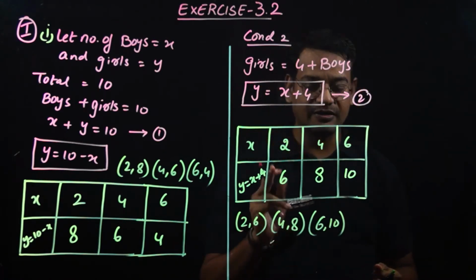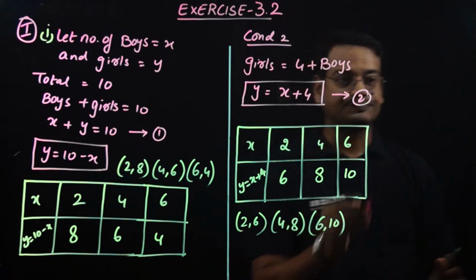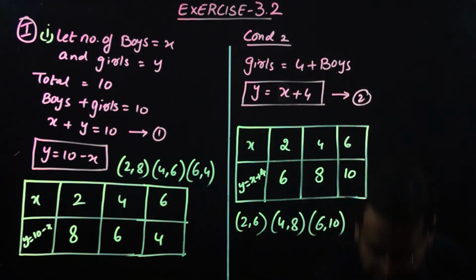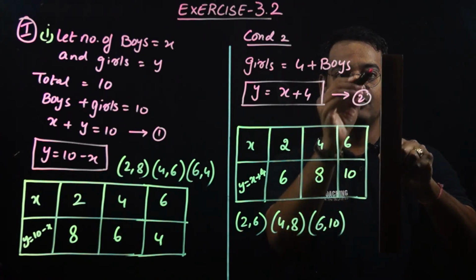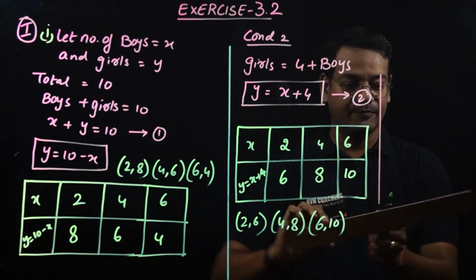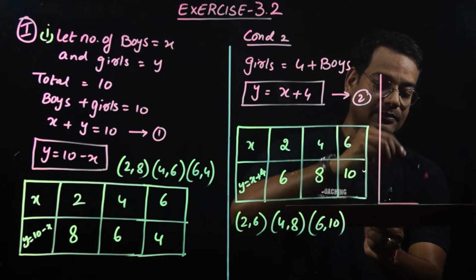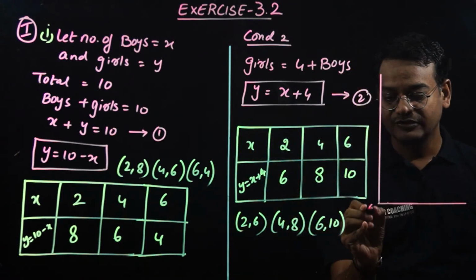I am going to do a rough graph, but you are going to do it on graph paper. Since we don't have negative values, we will only do the positive values. So we have the y-axis and this is the x-axis, and this is 0.